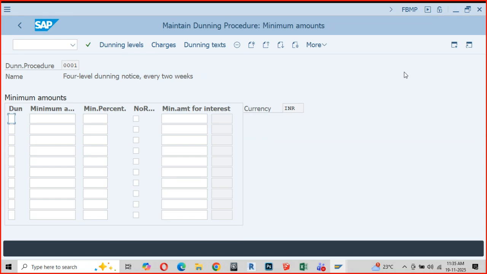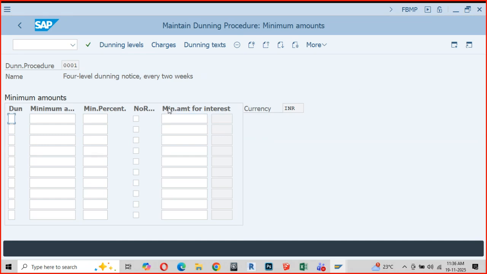Clear, students? Till then, however many invoices he accumulates, till the amount reaches 5 lakhs, whatever is the basic amount I set depending on my business, the system would not dun. The system would not pick any of the invoices below that value. Clear, students? So this is the concept of your dunning.